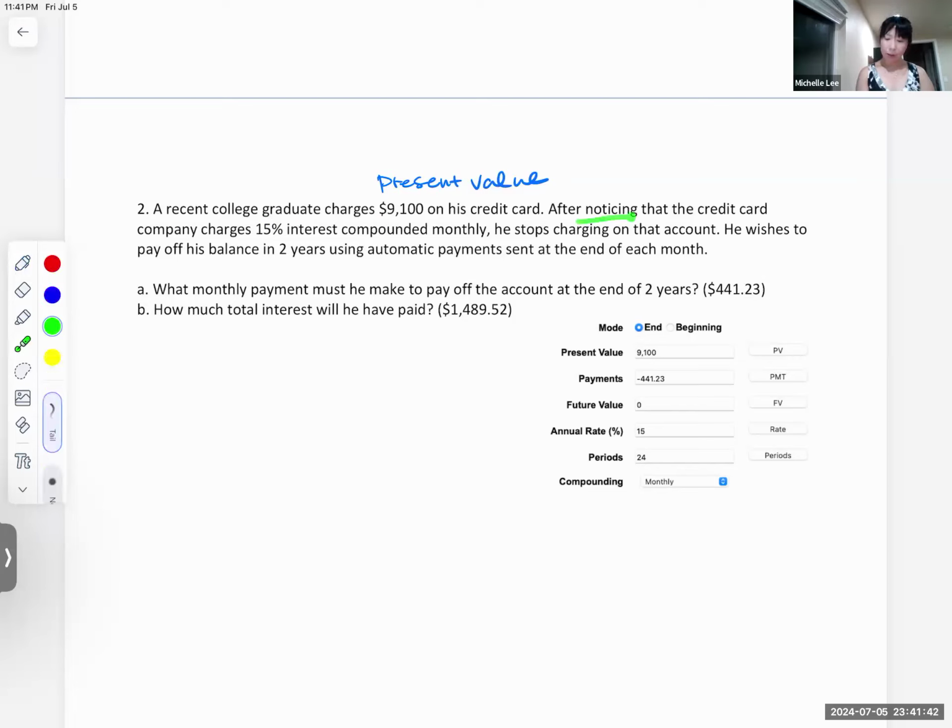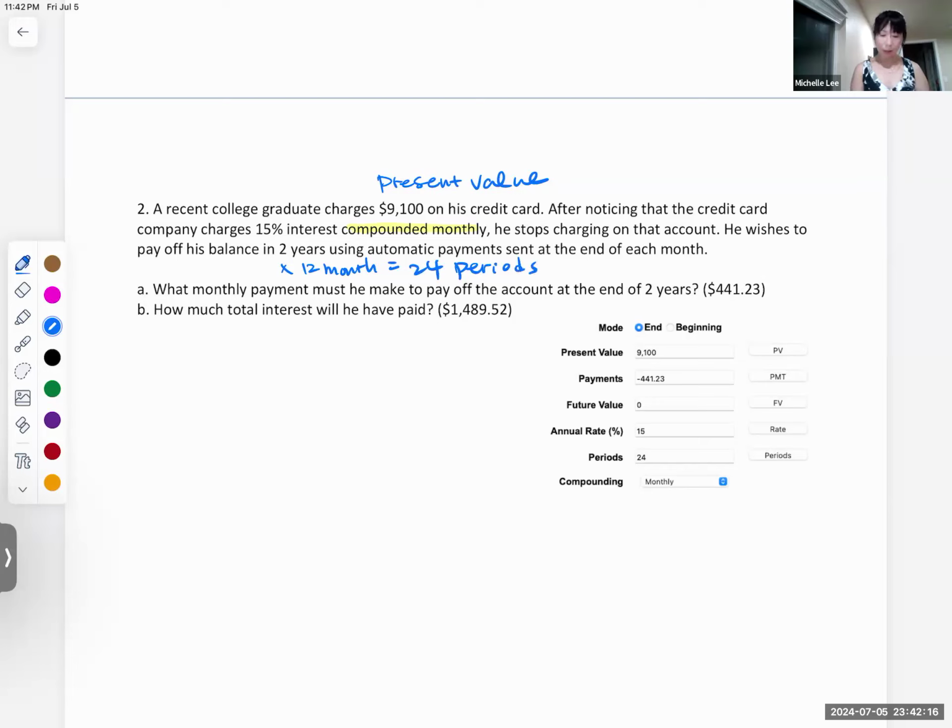And after noticing that the credit card company charges 15% interest compounded monthly, it's monthly, then we times 12, not 100. He stops charging on that account. He wished to pay off his balance in 2 years. So 2 years times 12 months, which is 24 periods.